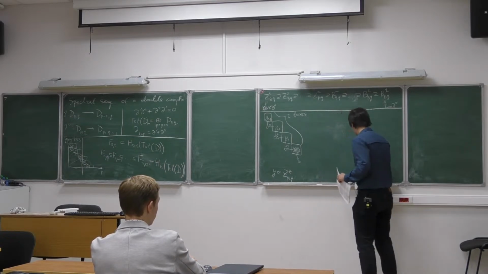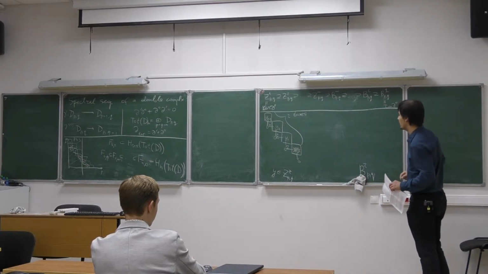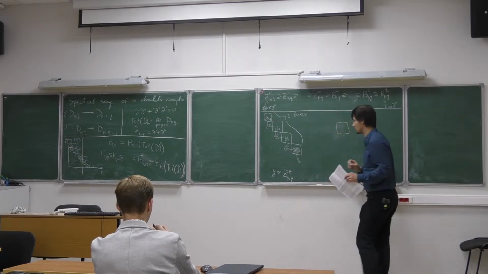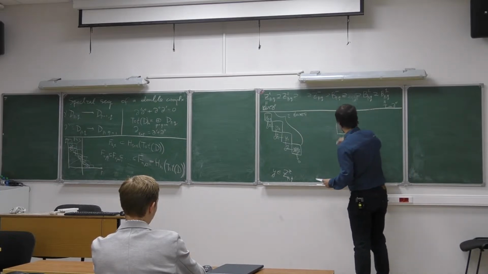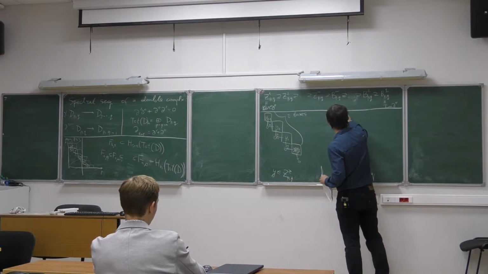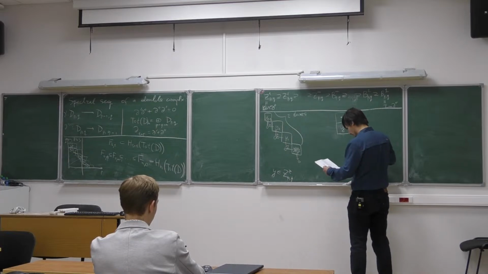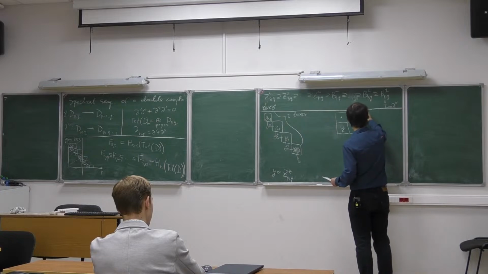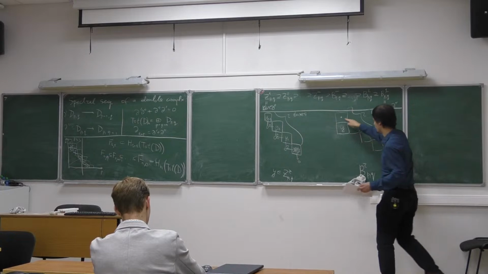And similarly, y belongs to B rpq if and only if there exists, here again, I have this box with coordinates pq, and here is y. If and only if there exist elements here, an element here, and so on. And again, I have r boxes on this diagonal.